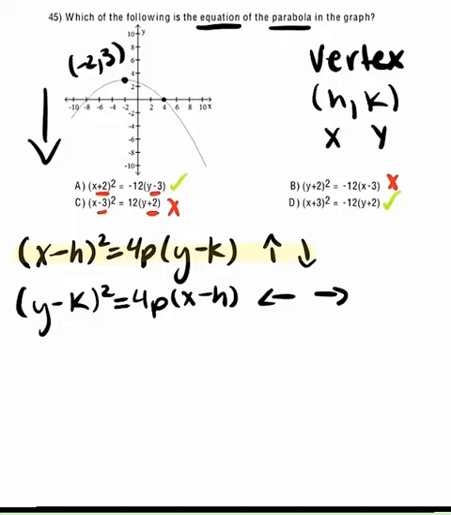Therefore, we can eliminate letter C. In D, we see that -3 is h and -2 is k, which is still incorrect. This means that A is the correct answer because it not only gives us the proper equation, but it also has -2 and 3 representing h and k correctly and respectively.